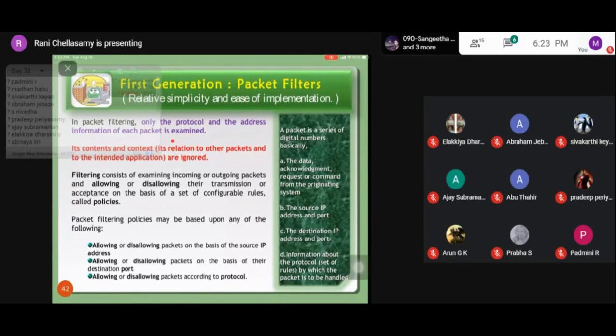The content is ignored; only the source IP, the protocol, and the address information are considered. Filtering applies to incoming or outgoing packets, that is, whether the firewall has to allow or deny such packets, disallowing their transmission or acceptance based on rules. These rules are called policies.